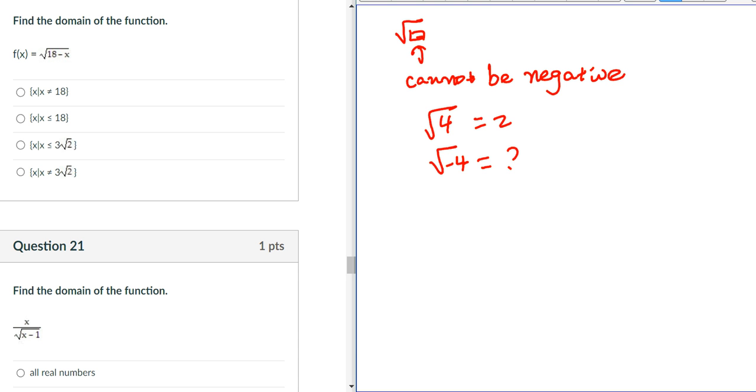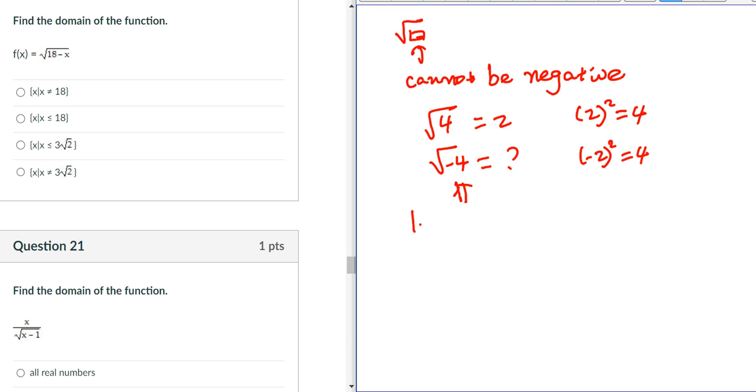The reason is 2 squared is 4, and negative 2 squared is also 4. So all the time here it is positive, radical 4 equals 2. And you never get one like this at this moment.